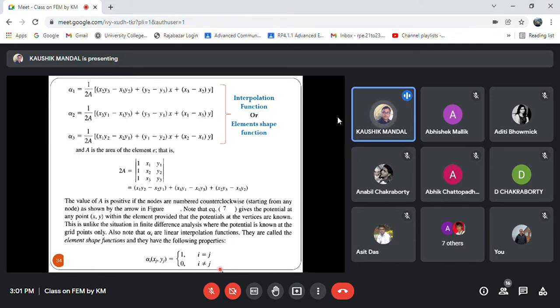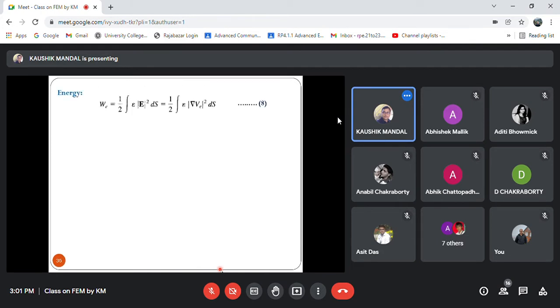So the previous equation is representing the element governing equation. Then if we want to find out the energy, as we know, energy equals half of the surface integral of epsilon E squared ds.